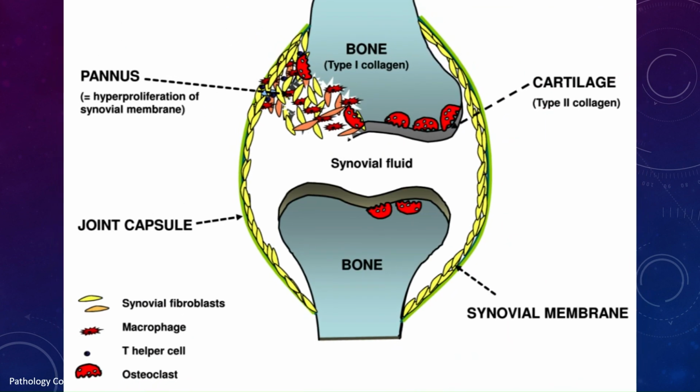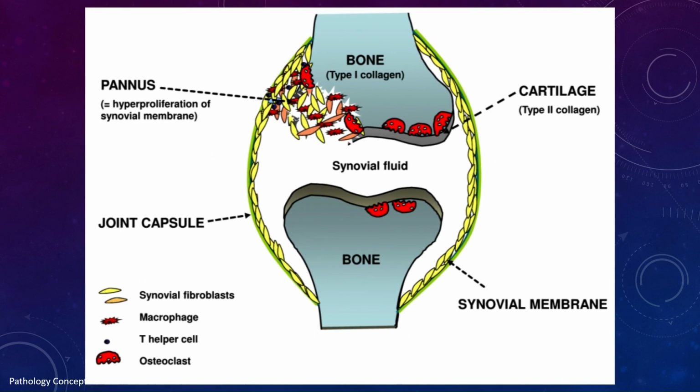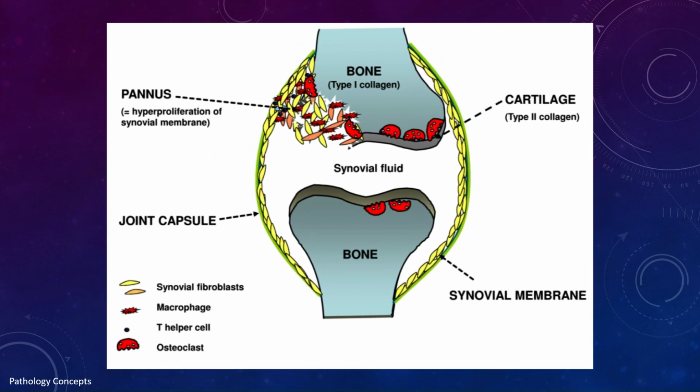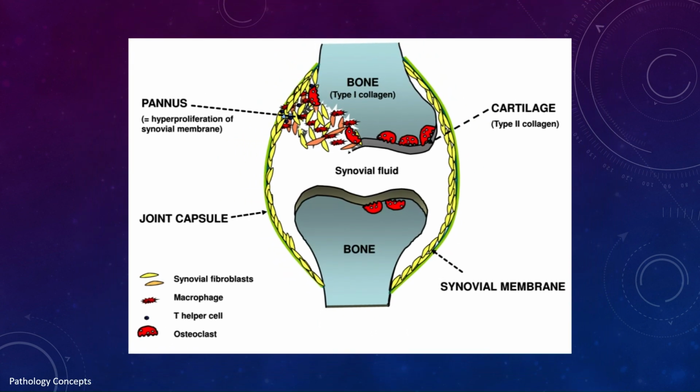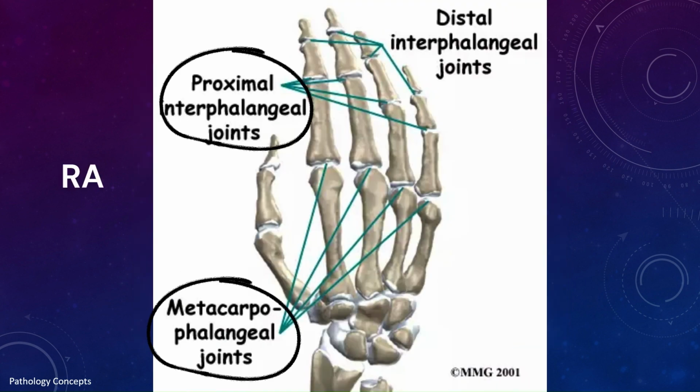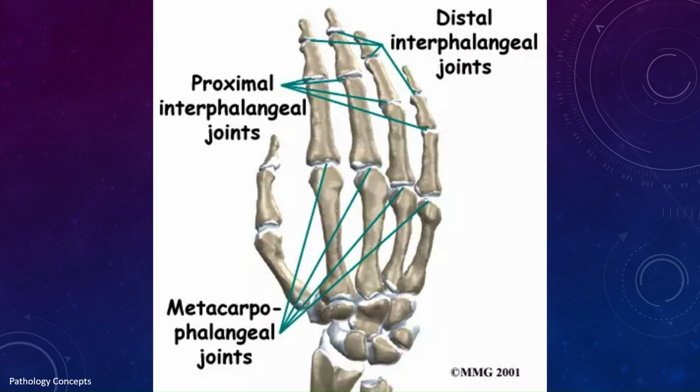Joint inflammation over time leads to destruction of joint with loss of cartilage and bone erosions. In rheumatoid arthritis, proximal interphalangeal joint and metacarpophalangeal joints are involved most commonly. And the most important differential diagnosis of rheumatoid arthritis is osteoarthritis, which typically affects distal interphalangeal joint.